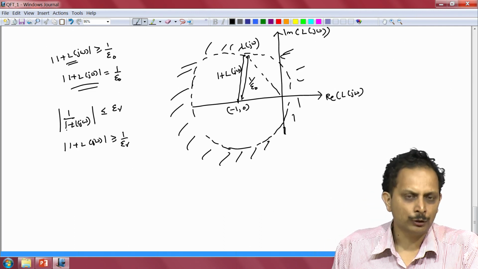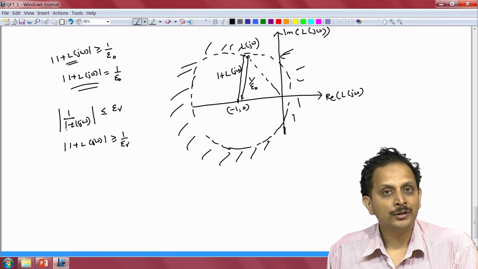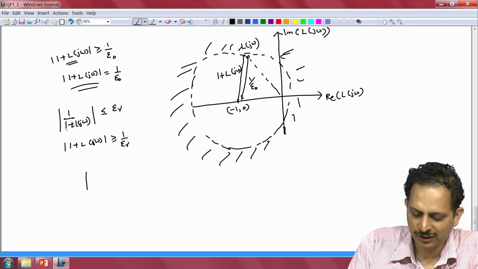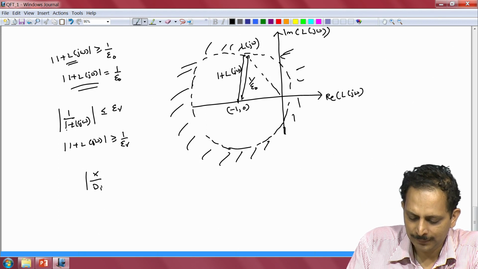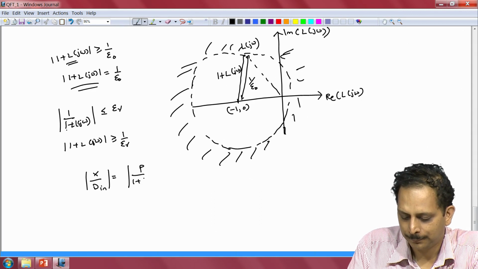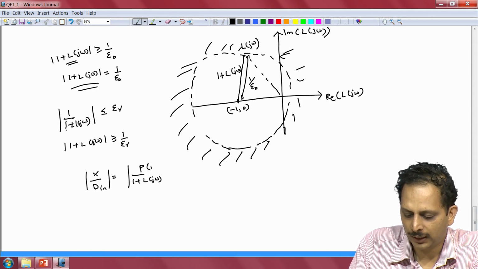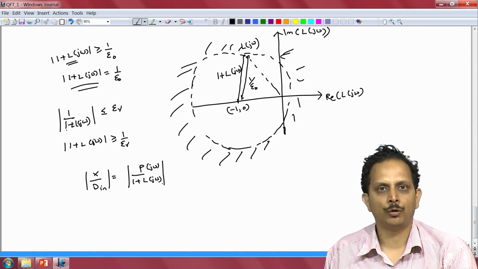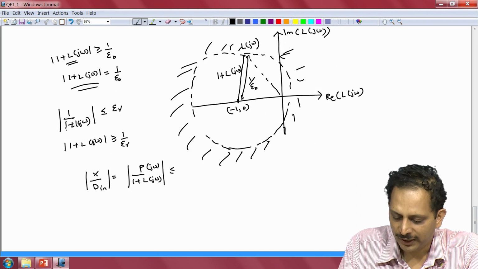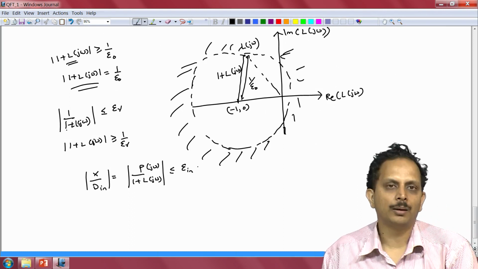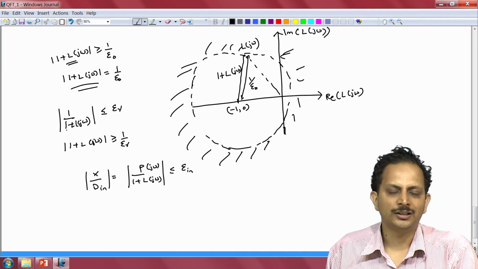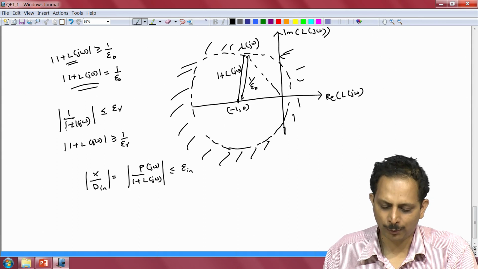Now if you were to consider the input disturbance specification, the transfer function that relates the output to the input disturbance is given by x by d in is equal to magnitude of p by 1 plus L. So p of j omega divided by 1 plus L of j omega, and we might want this to be less than or equal to a certain other small number epsilon in, where the subscript in represents the input disturbance rejection requirement.